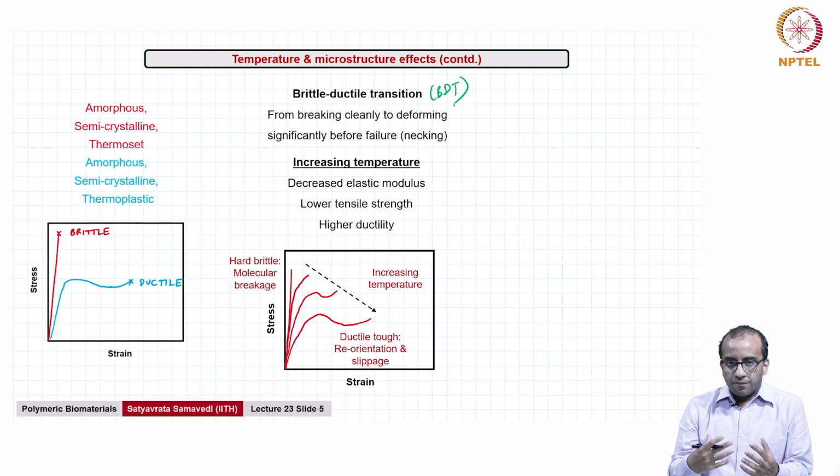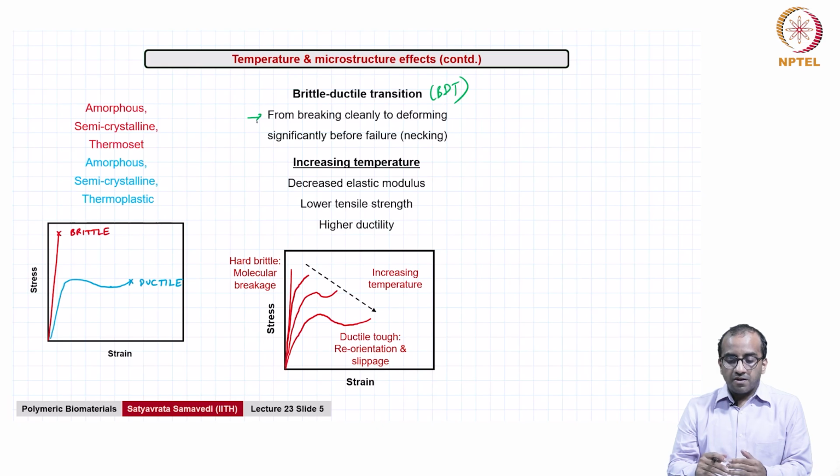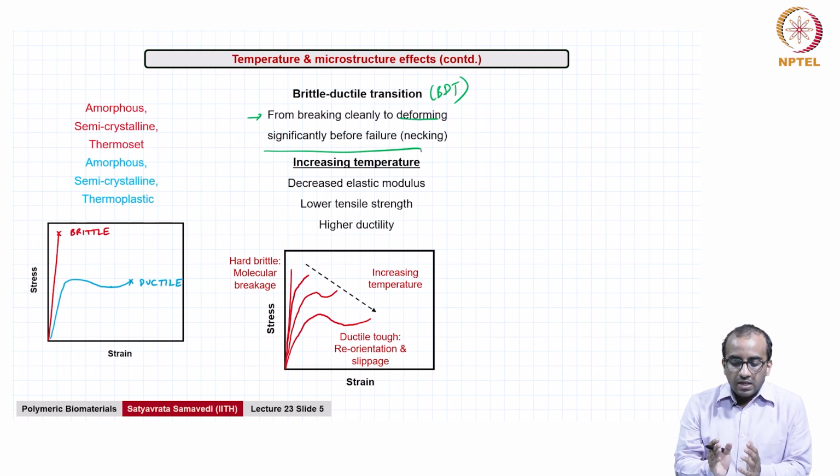So, in terms of the failure, in the brittle case, you are going to have a clean breaking for that kind of a material at failure, fracture, versus deforming significantly before failure in the form of necking that we have seen again in the previous lecture, right.